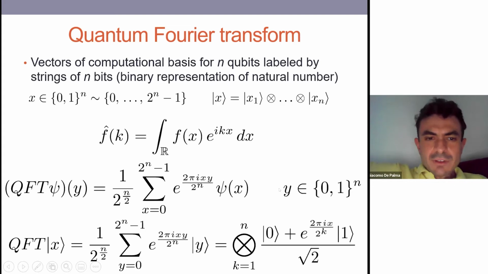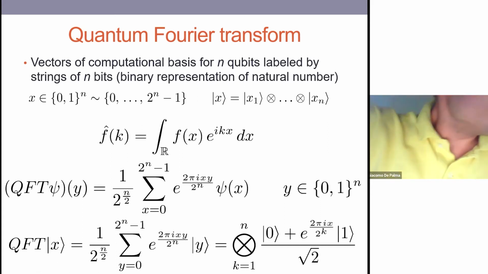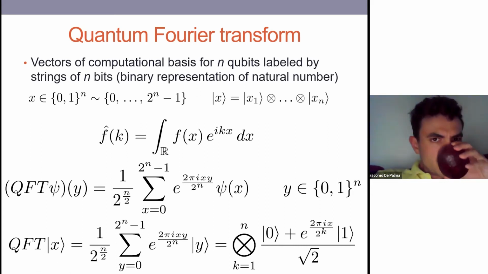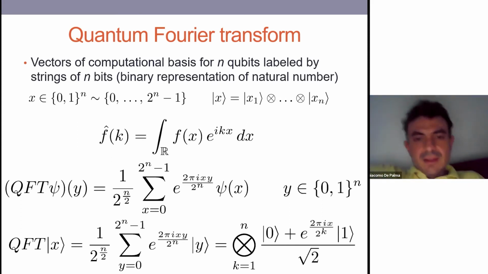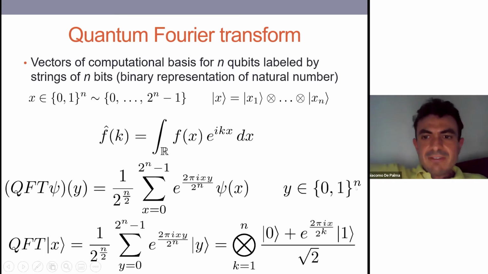And here, of course, this Fourier transform of this wave function will be another wave function which is still defined on bit strings or on integers in binary representation.